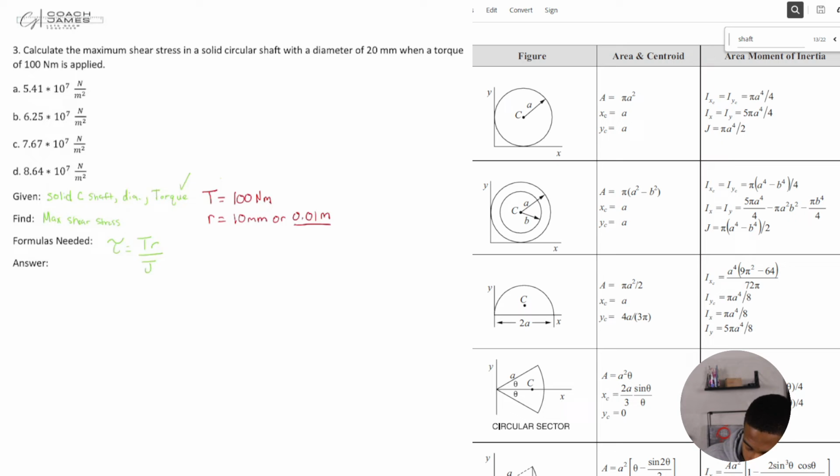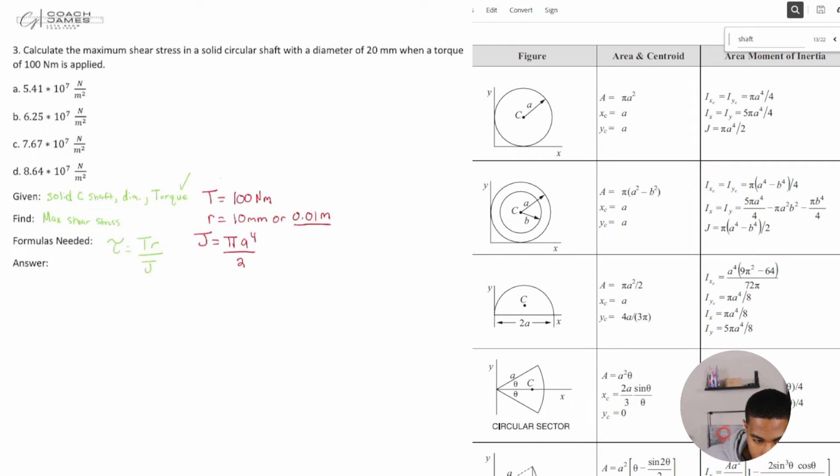And then J is equal to pi a to the fourth all divided by 2. What is a? a is the radius.